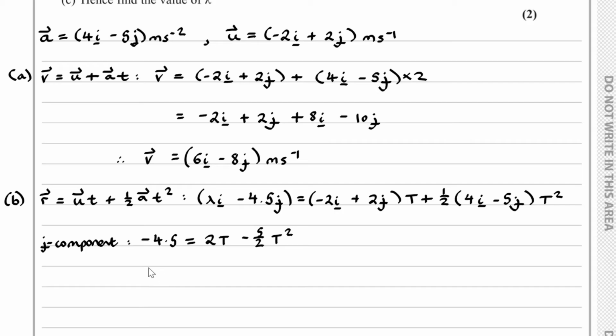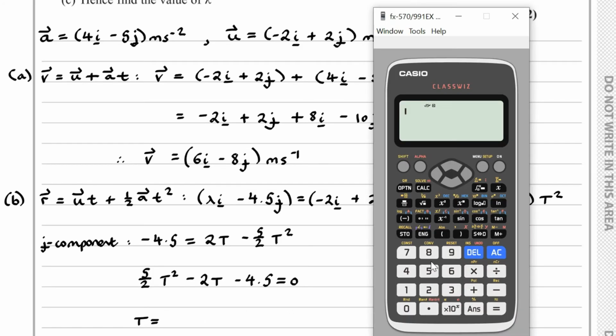So if we rearrange, we have 5 over 2 T squared minus 2T minus 4.5 equals 0, from which we can find out the values of T. So if we solve using the calculator, we have 5 over 2, minus 2 and minus 4.5.